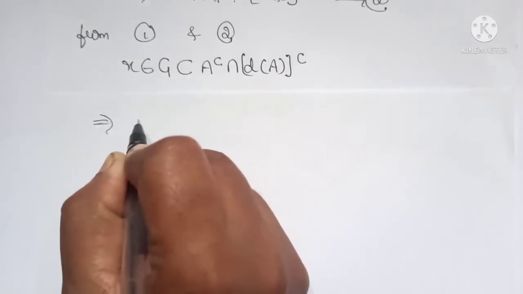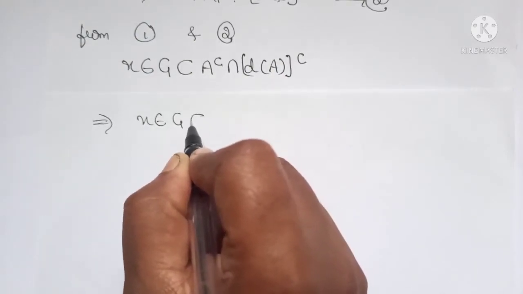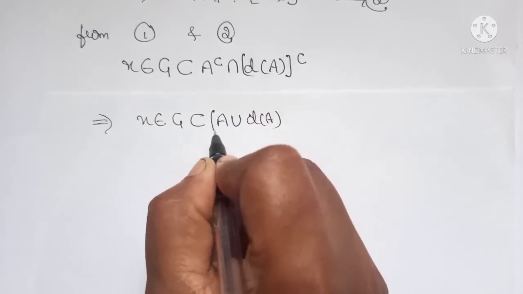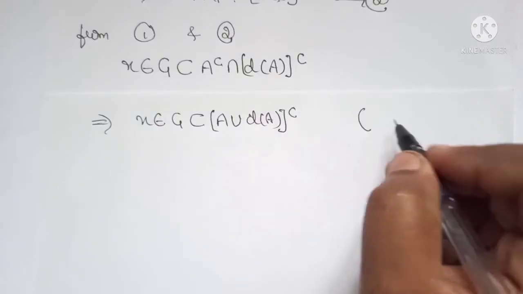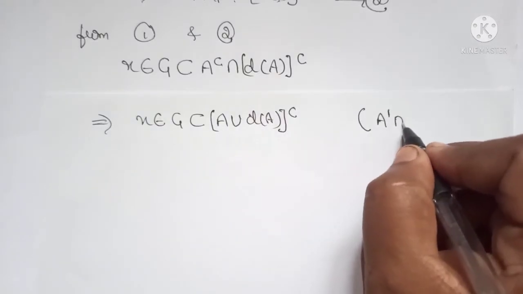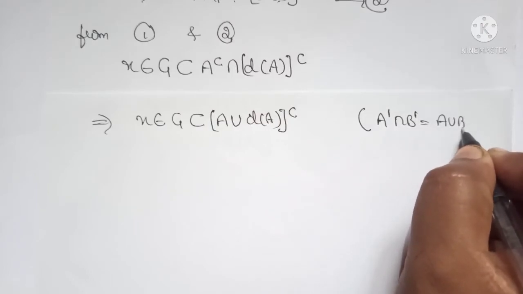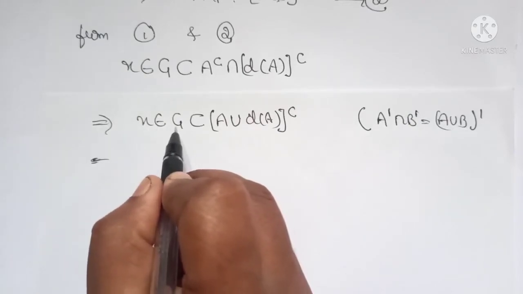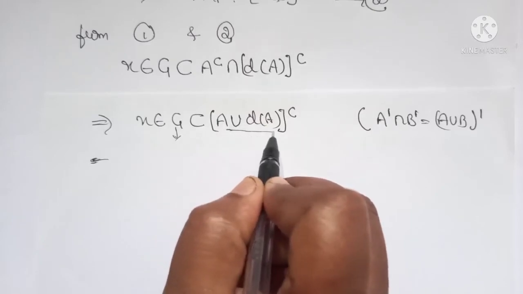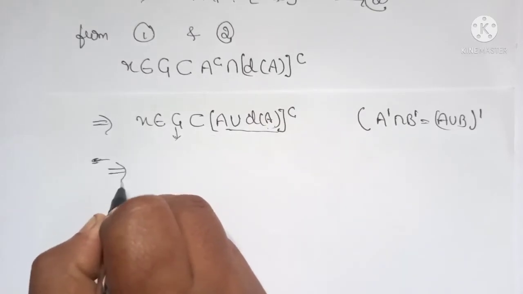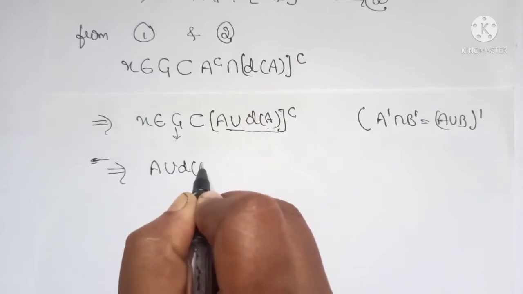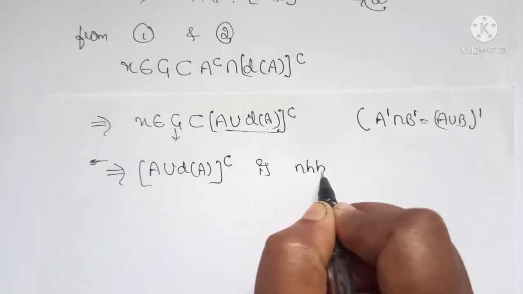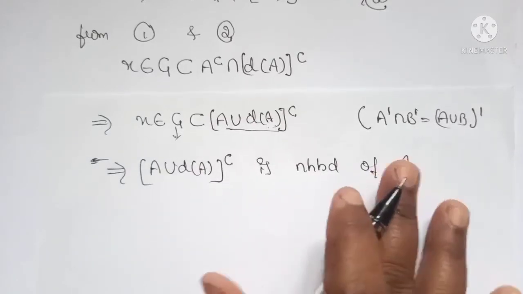Now by applying De Morgan's law we can write it as x belongs to G which is a subset of (A union derived set of A) whole complement, because by De Morgan's law we have A dash intersection B dash equals (A union B) whole dash. So since G is an open set, it is a subset of this (A union D A) complement, therefore we can say that this complement of A union D of A is a neighborhood of x.